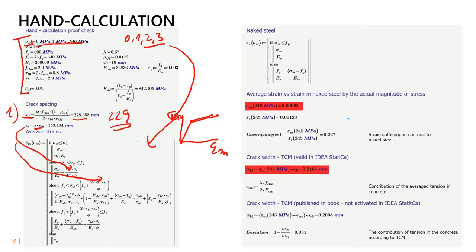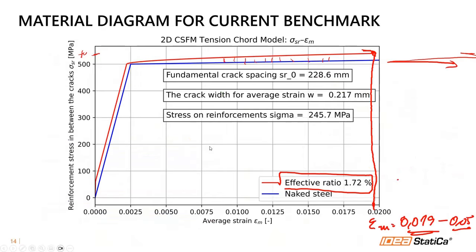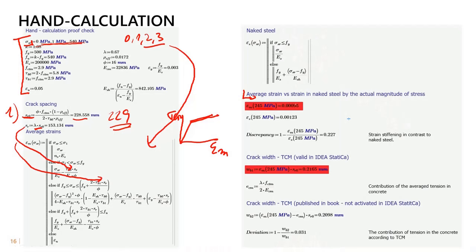Okay, so once you have it, we can move to the validation of the results. So epsilon m, or average strain, for value 245. This is the output from the simulation. So you can see here, 245, you will receive 9.5 times e minus 4.